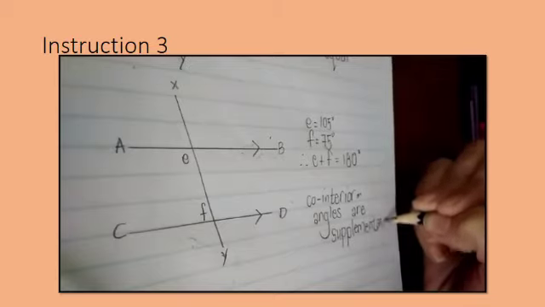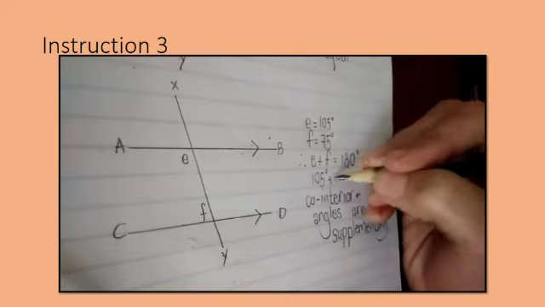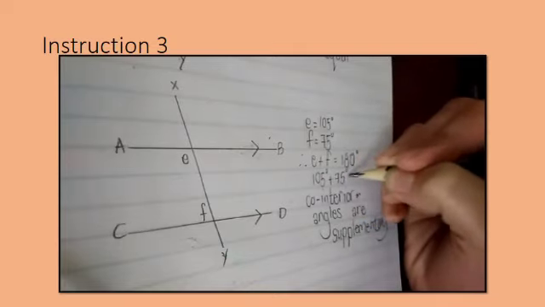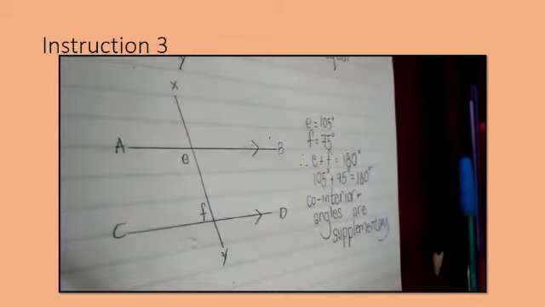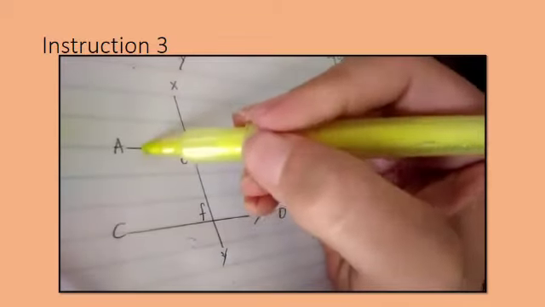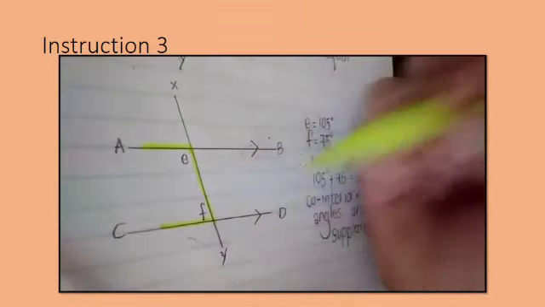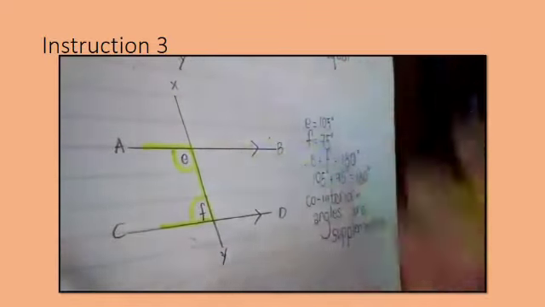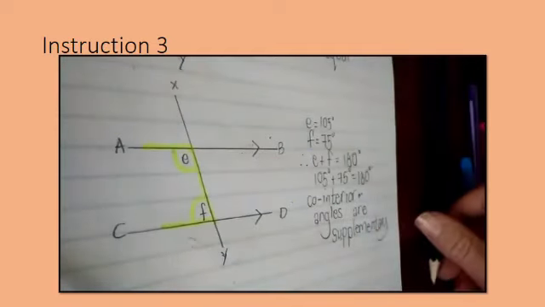Okay, so 105, you can check on that, plus 75 degrees give you 180 degrees. Okay, so you can see here what they do is they form between the two parallel lines, and on the same side of the transversal they form a U that's been turned sideways. Okay, so it always forms a U.